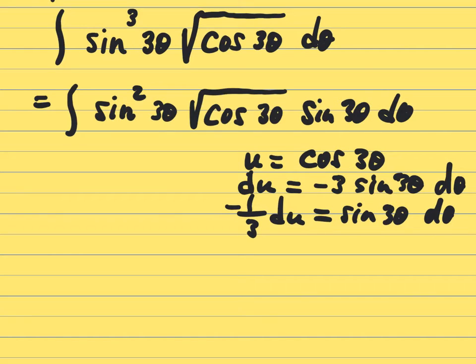And now I believe we're ready to jump in and start working on the integral. From the Pythagorean identity on the first slide, sine squared can be replaced with 1 minus cosine squared.